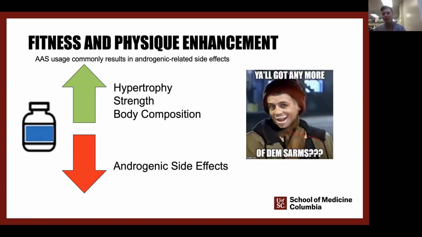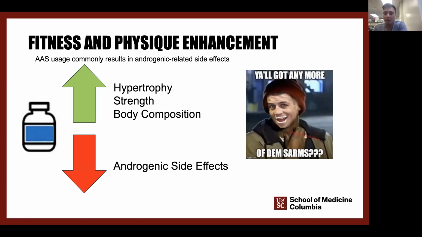All right, so like any compound in the world that has been known to increase anabolic properties, such as muscle hypertrophy, increases in muscular strength, and improving body composition, whether that be increasing muscle protein or decreasing fat mass, recreational and competitive athletes are going to try to take advantage of this, right?